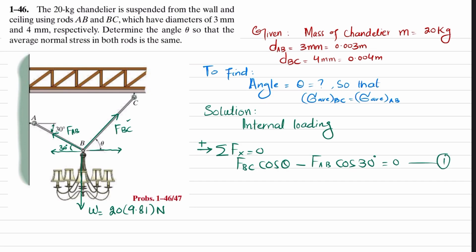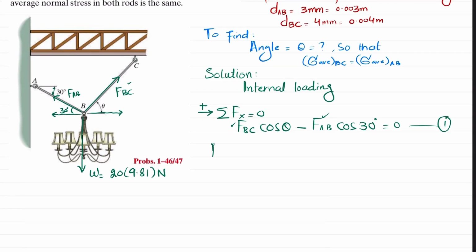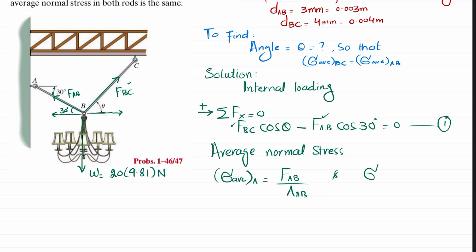Now you can see we have two unknowns, FBC and FAB, which cannot be calculated with this alone. So we know that the average normal stress, sigma average of AB, is equal to FAB over area of AB, and the average normal stress in BC is equal to FBC divided by area of BC.